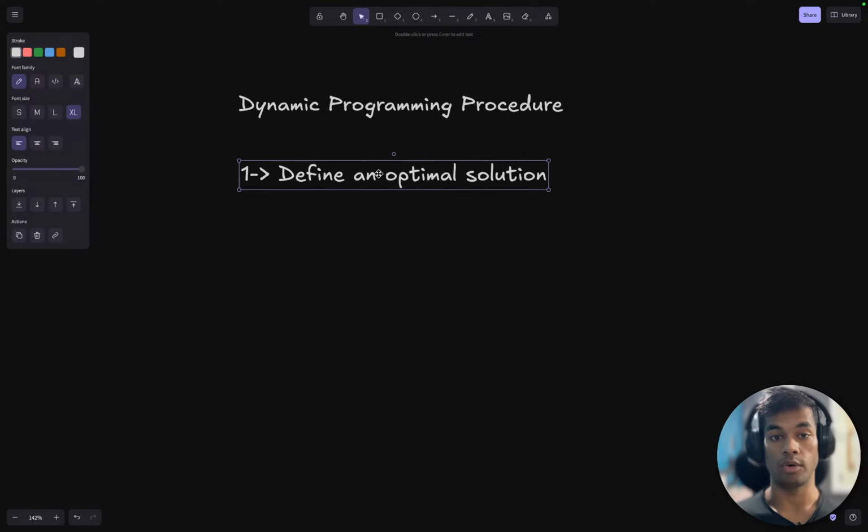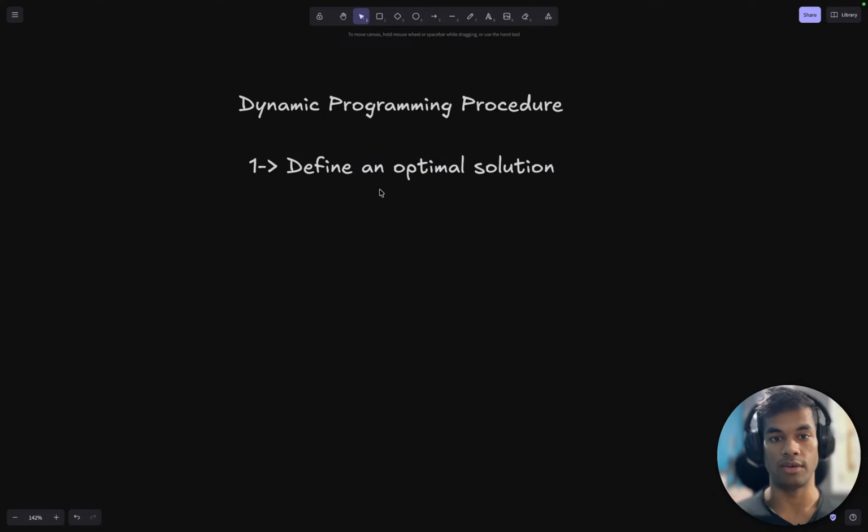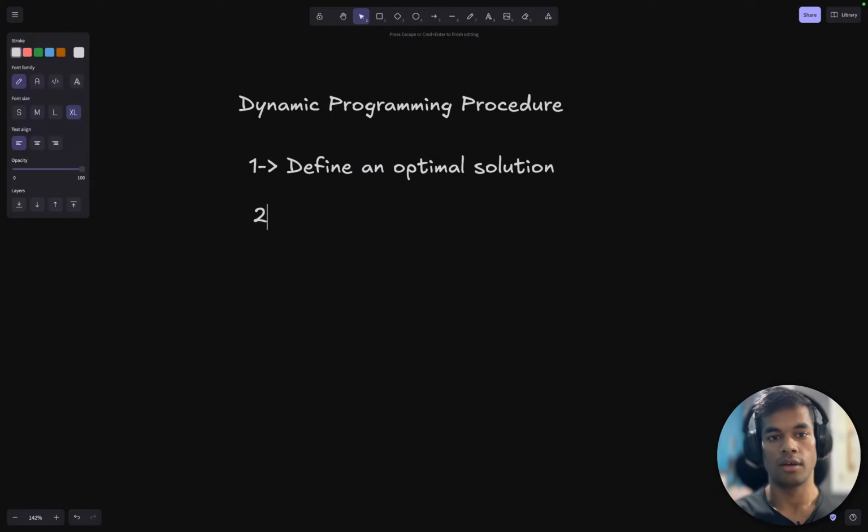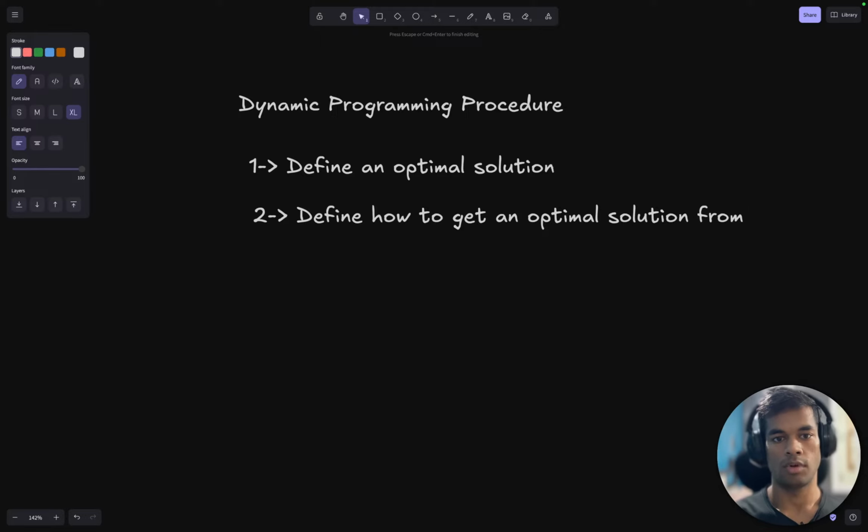If you are looking for an optimal solution, you need to define what an optimal solution looks like, and define how to get an optimal solution from optimal solutions to subproblems.